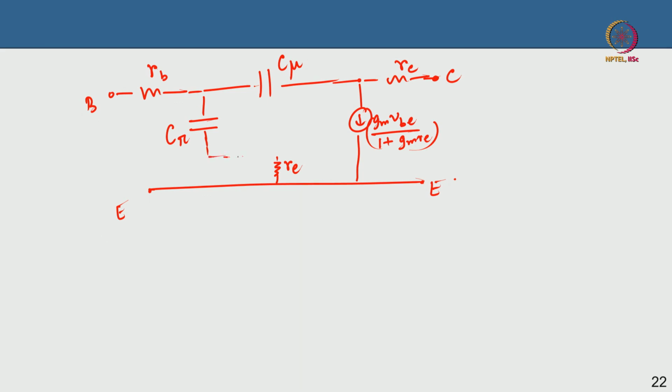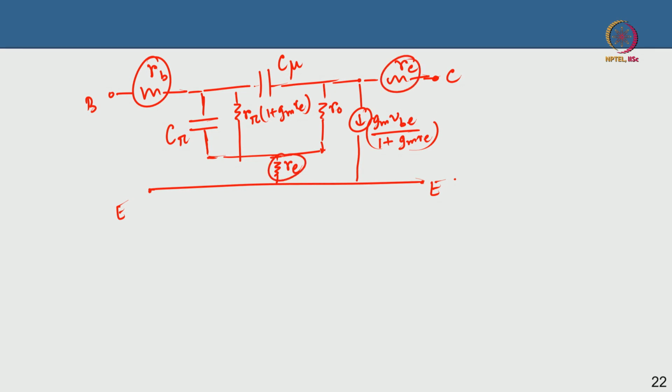So, the base emitter capacitance is connected here with the emitter resistance, and then you have your output resistance R naught that we discussed anyways. And then you have the input resistance, which is not R pi, it is R pi into 1 plus gm RE. I will talk about that. So, this is your small signal model taking into account the external resistances RB, RC and RE.